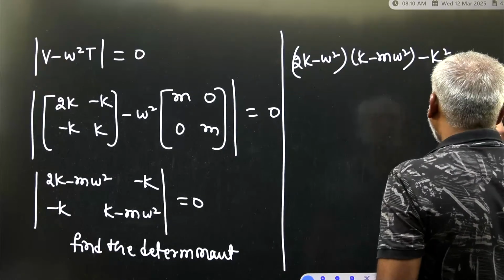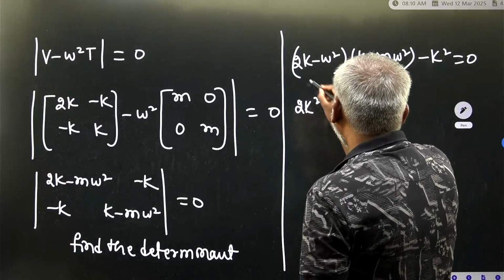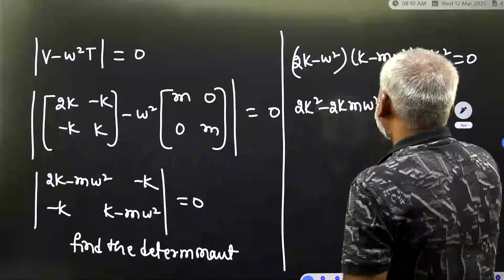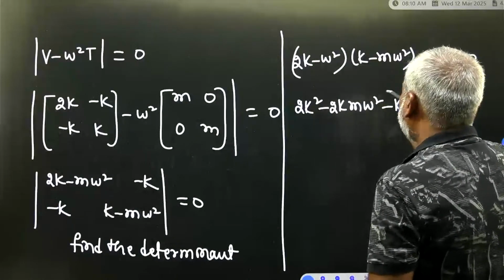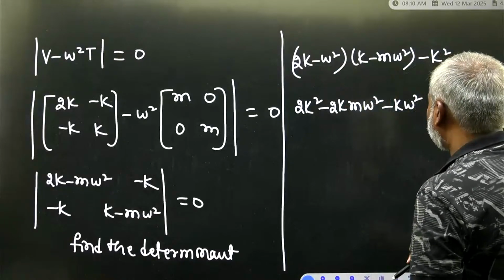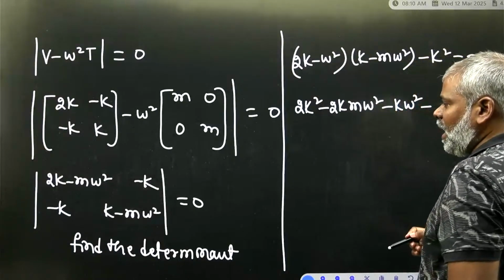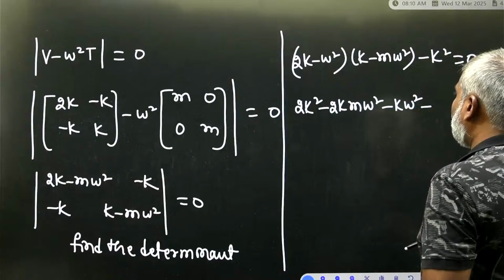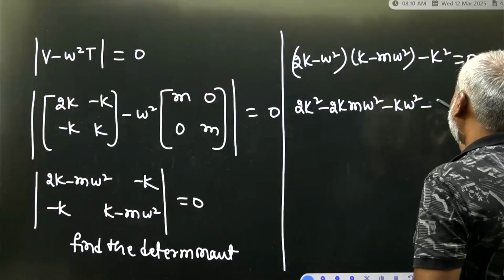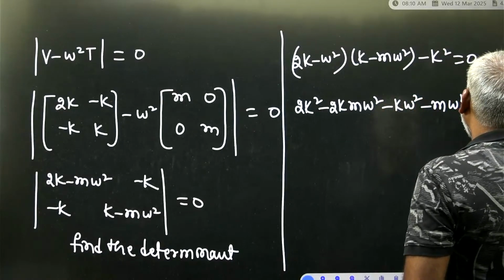Now you have to simplify this expression: 2k square, 2k m omega square, k omega square, and then m omega to the power of 4 minus k square is equal to 0, right?